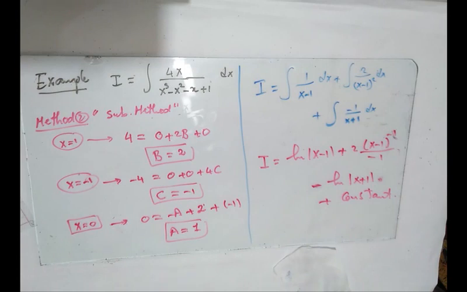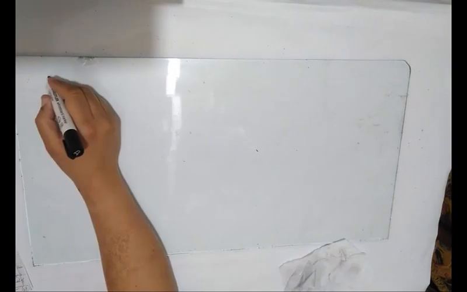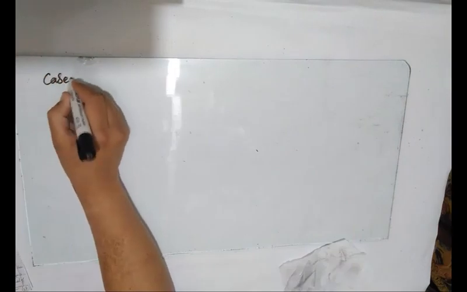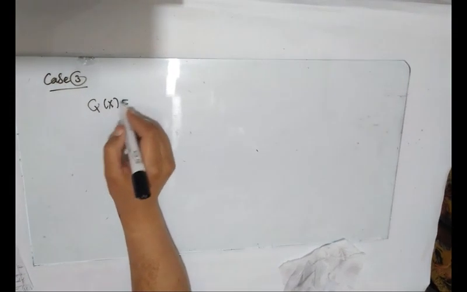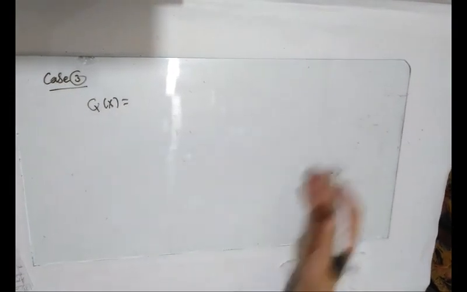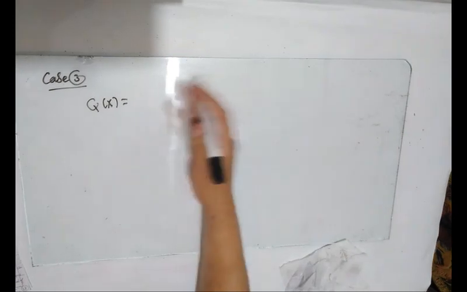In this way we're done with this example. Let's go for the third case. As we said, in this case the cubic expression Q(x) will have an irreducible quadratic factor.